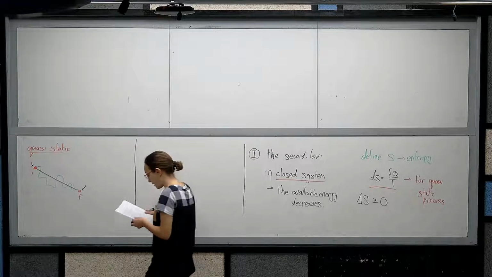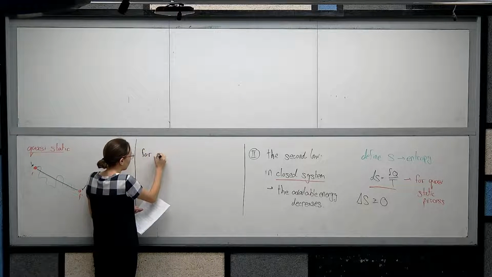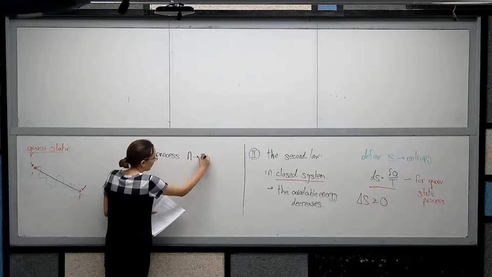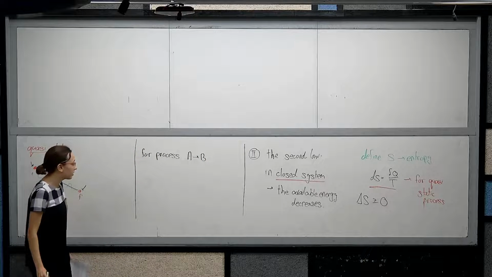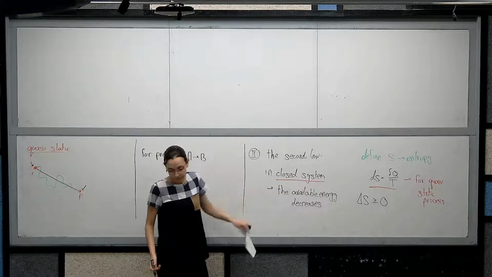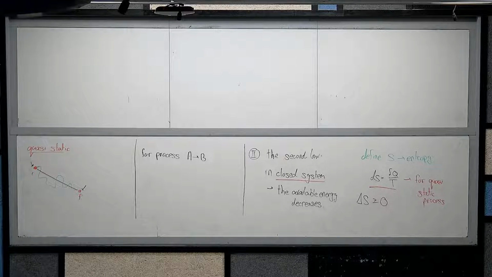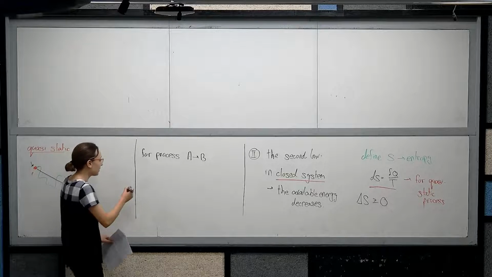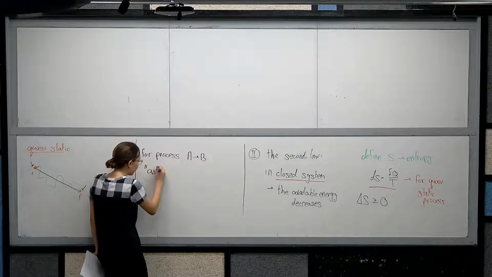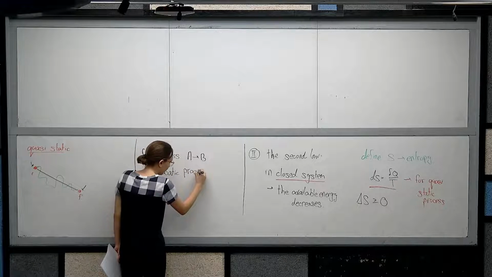So now we can say that if we have a process that goes from A to B in a closed system, sometimes we will see a question in a closed system, but sometimes the question tells us that we have an adiabatic process.